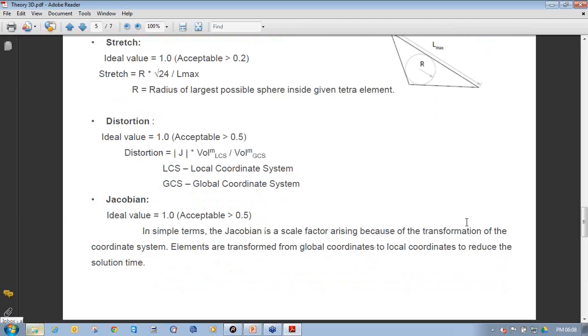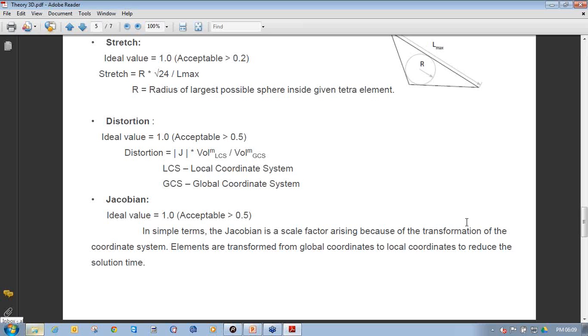Then we also check for distortion, that is its ideal value is 1 and acceptable value should be greater than 0.5. Software calculates the distortion function as modulus of j multiplied by volume of local coordinate system divided by volume of global coordinate system. Then we also consider Jacobian.